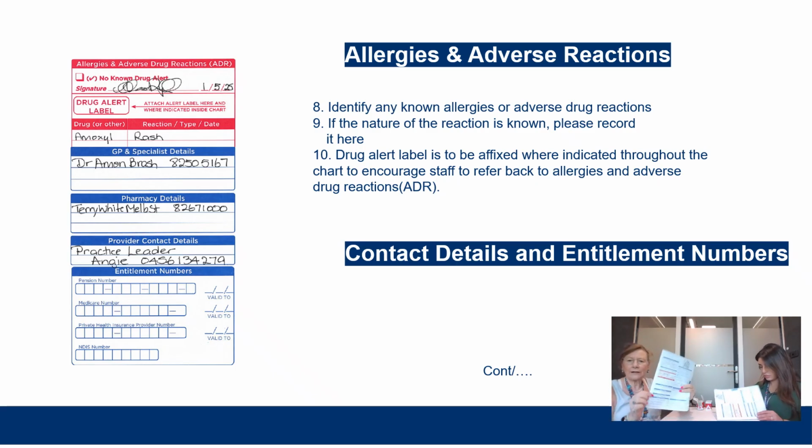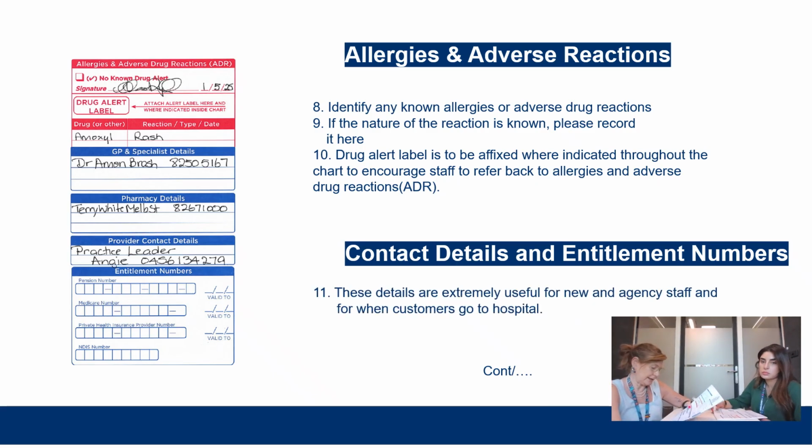Then we have our entitlement numbers. So this is a one-stop shop. Okay, so it's all here. So for new staff or agency staff, they've got all the information about this customer on the front page. So please, please fill it out.